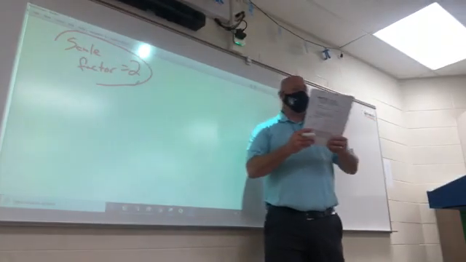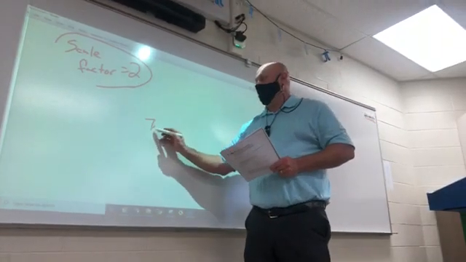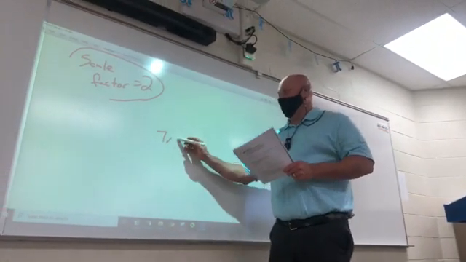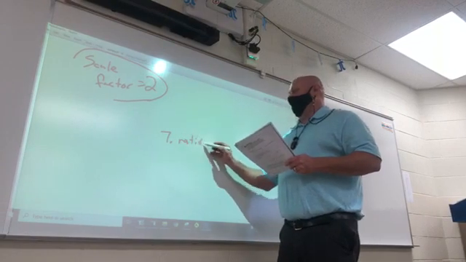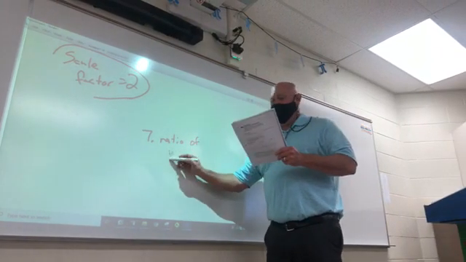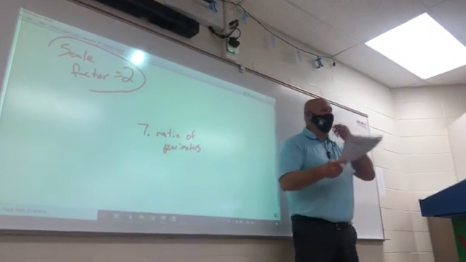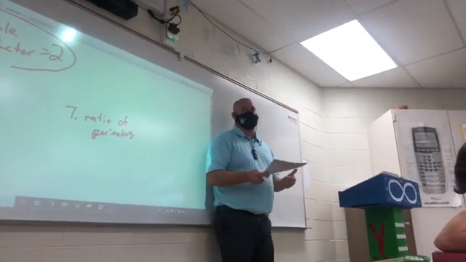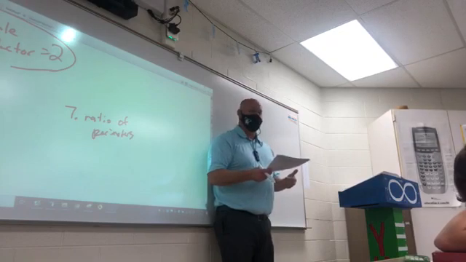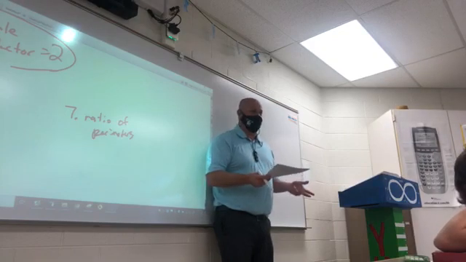I want you to look at question number 7. Skip all the way down to number 7. It says, what is the ratio of the perimeters? Now, we could go back through and do the whole problem. But in all reality, it doesn't matter.